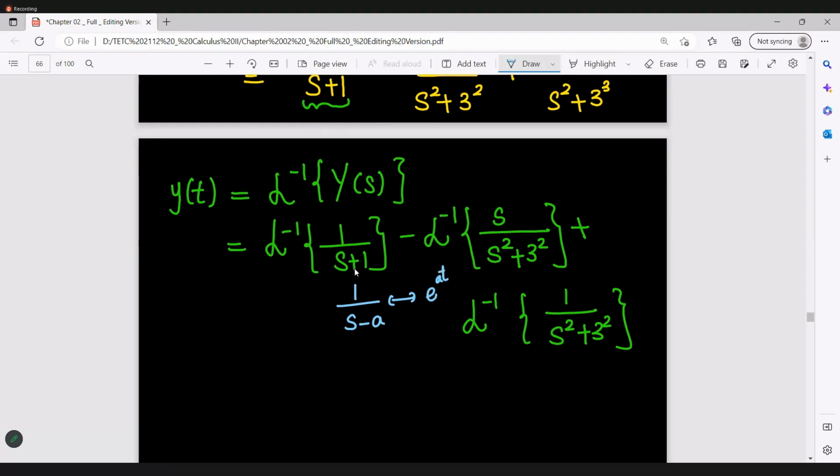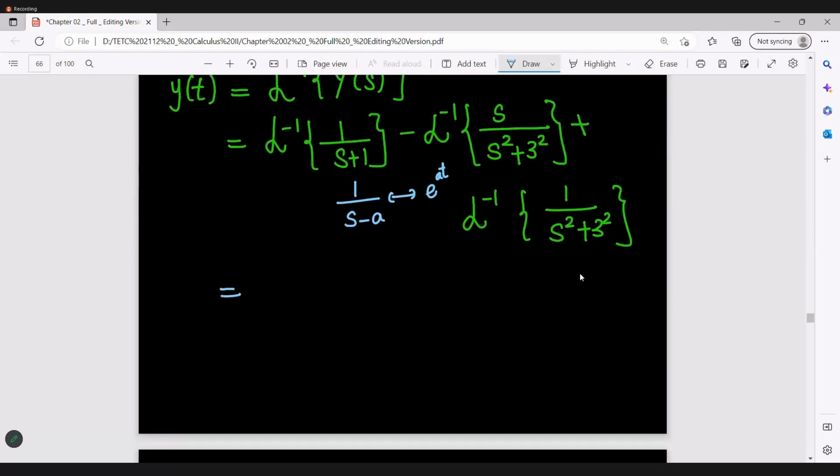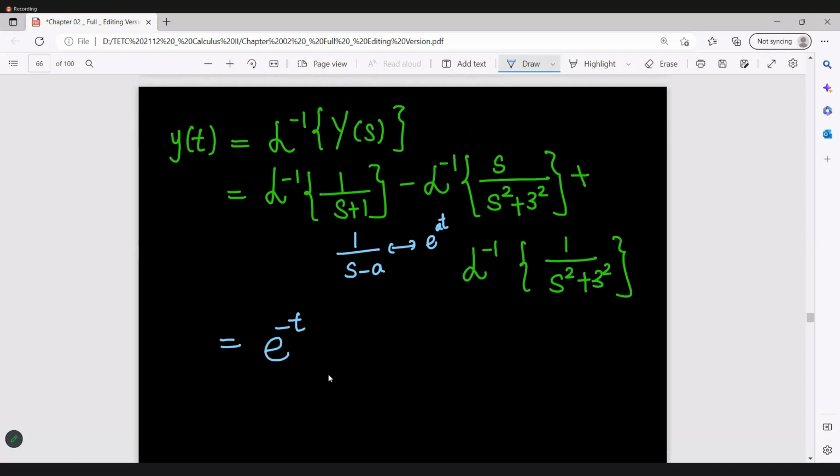So our function here is 1 over S plus 1. So a should be replaced by what? a is equal to what? Minus 1, not plus 1, minus 1. So what should be the inverse Laplace transform of the first part of this function? E to the power minus t. Okay, then next part, there is a minus sign there.